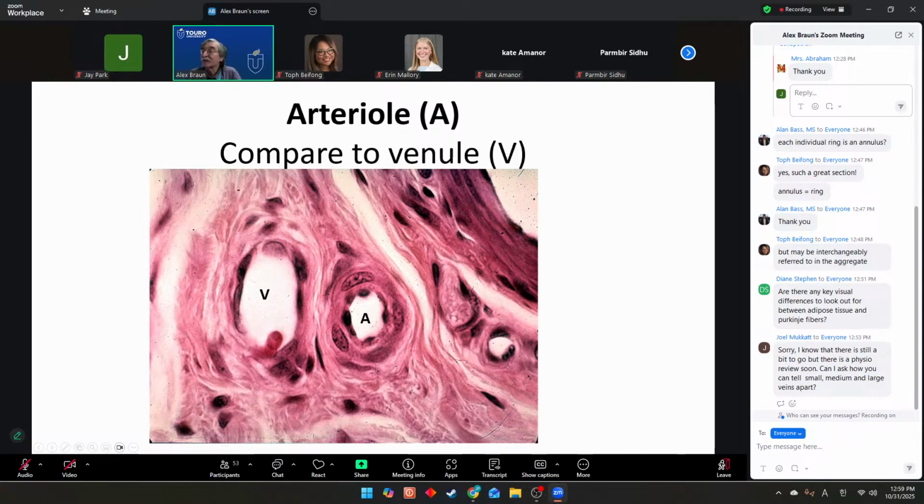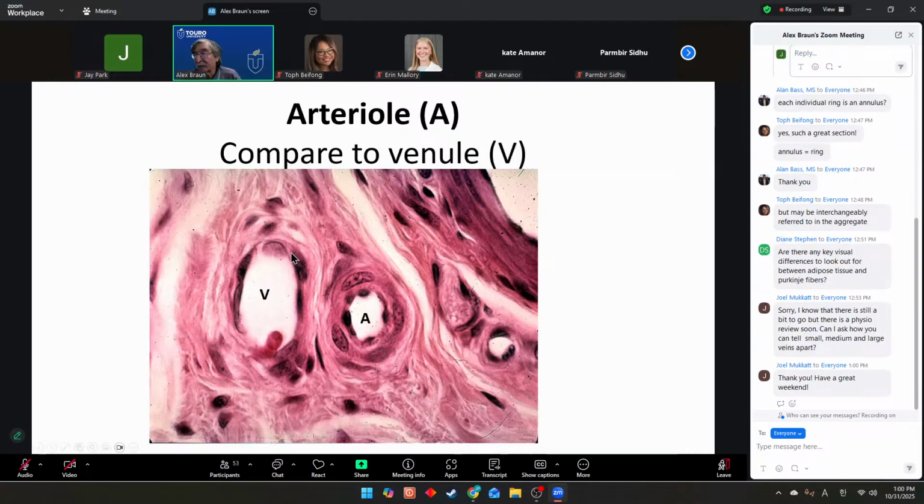Veins tend to have larger lumina compared to our arteries because they are the vessels that have most of the blood volume actually. And also their walls tend to be thinner in comparison to the arterial vessels partly because they have less smooth muscle in comparison to those of the arterial vessels of similar caliber.